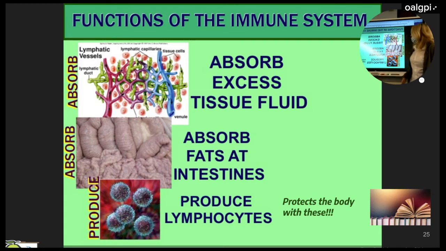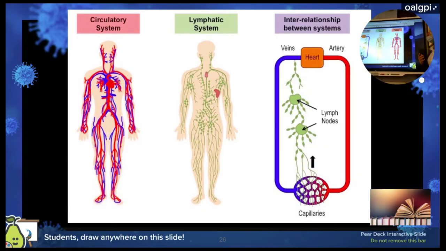One thing that people forget is the lymphatic system also absorbs fat at the intestines, and a job is to produce lymphocytes. So we can see the connection between the circulatory system and the lymphatic system: when that excess tissue fluid is picked up, it is screened. It has a little border crossing at a lymph node before it gets returned to the subclavian vein.